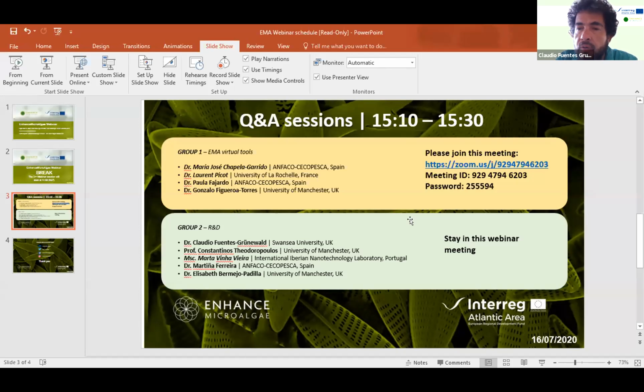I have another one. Sorry, I missed the initial part of the conference. What is the name of the tool? This is a tool that you will find on our webpage, EnhanceMicroAlgae.eu. On that webpage, in the taskbar, you have to click on decision support tool. We call it DST. My colleague in the chat just said, from that link you can download the ebook.